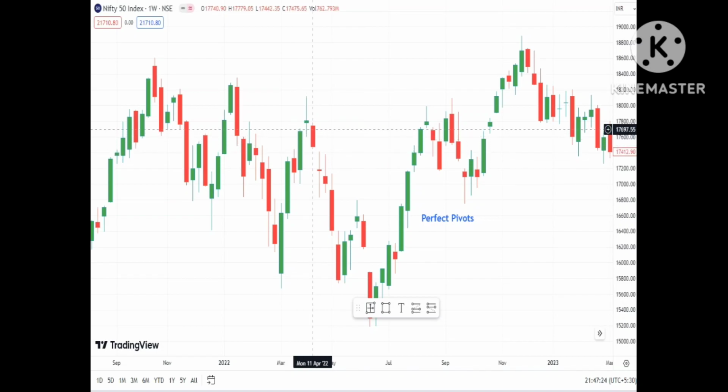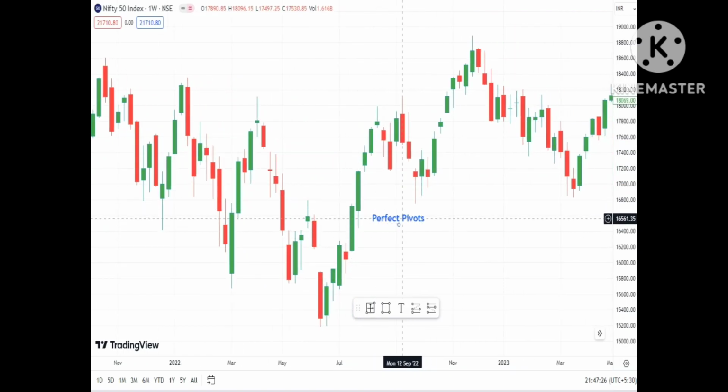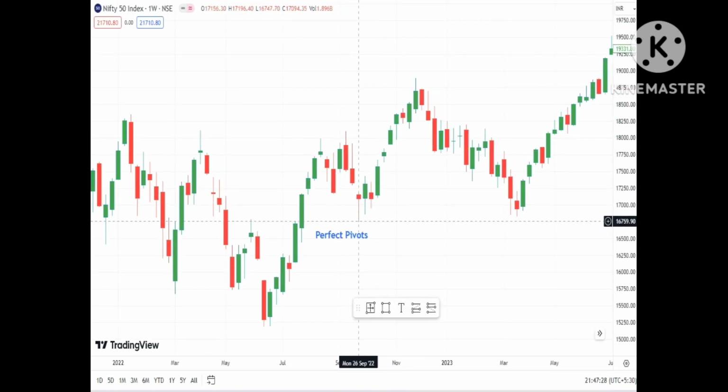In the case of pivot lows, the low of the main middle candle is always lower than the first and the third candle, whereas the highs of both the first and the third candles are always higher than the main middle candle. So this is when the perfect pivot is formed.